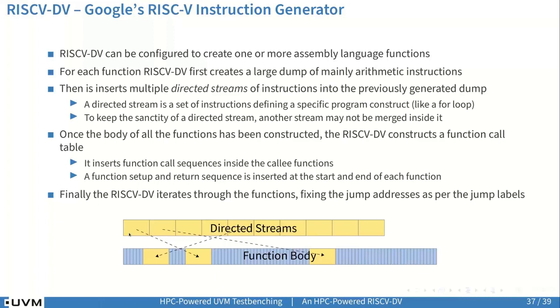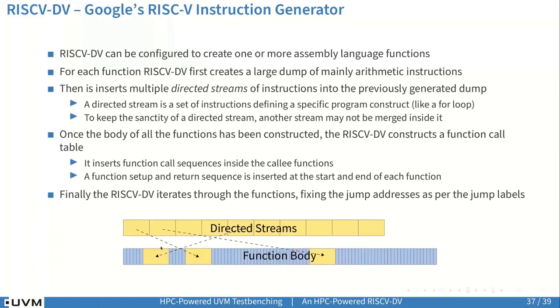These are again randomized, but the functionality of these streams is modeling different hazard conditions, right? In a processor architecture you have various possibilities of hazards. All those hazards are modeled in the directed streams, and those will be inserted inside the function body.